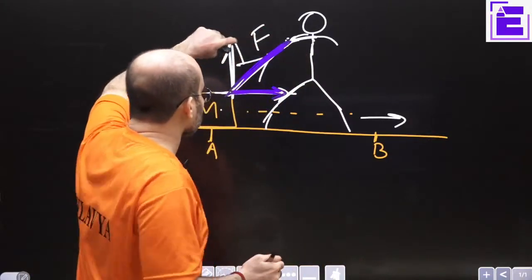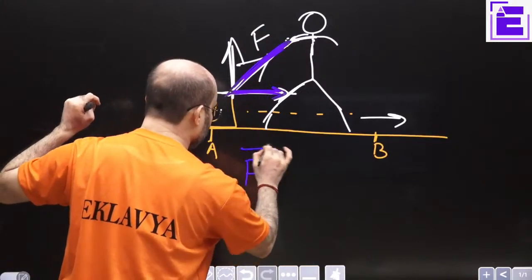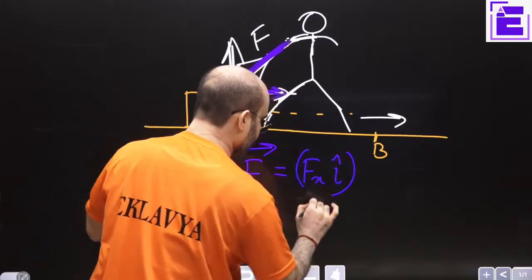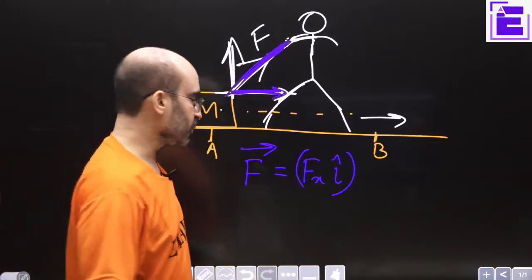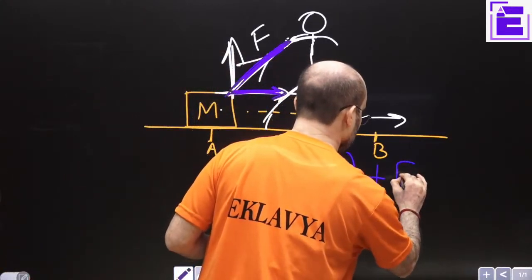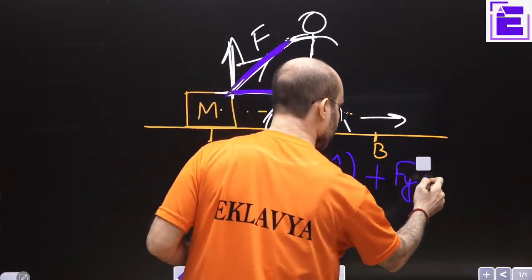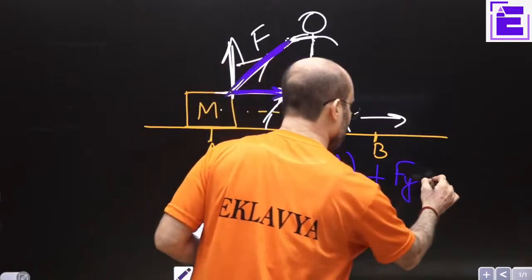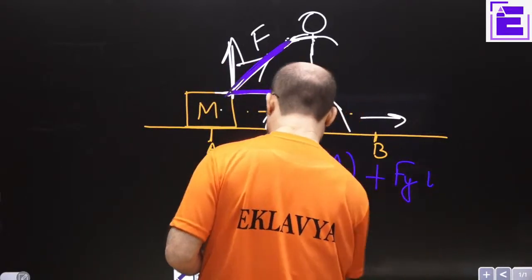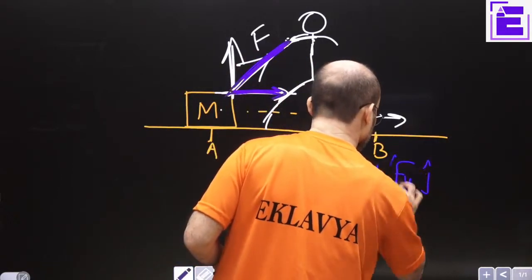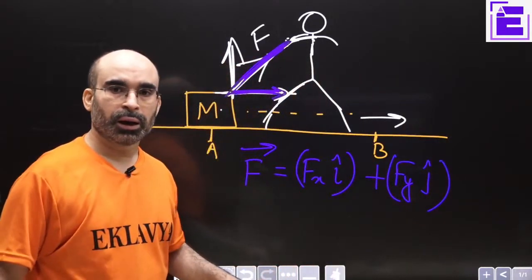So in this manner, this force F can be considered as one vector along the x-axis, and another vector along j cap, along the y-axis.